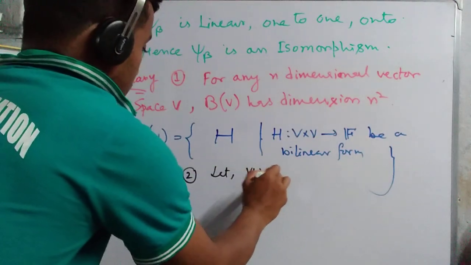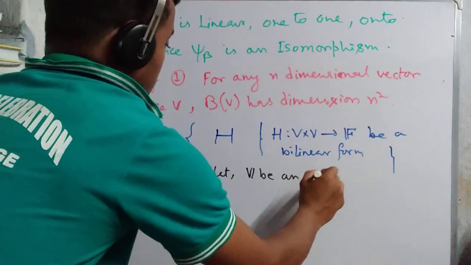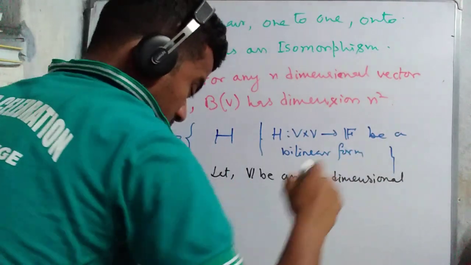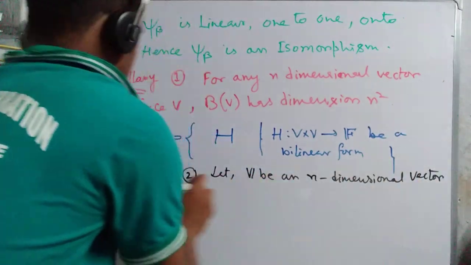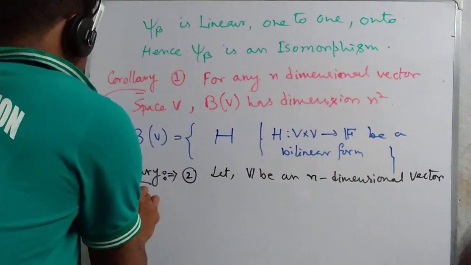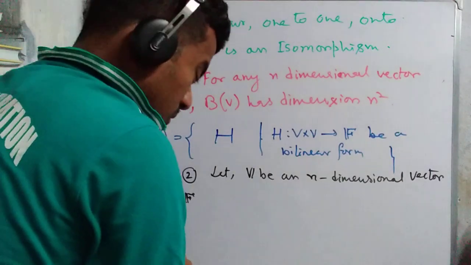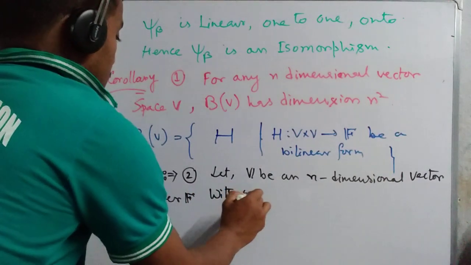Let V be an n-dimensional vector space over F with ordered basis beta.